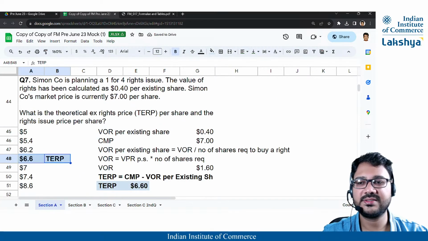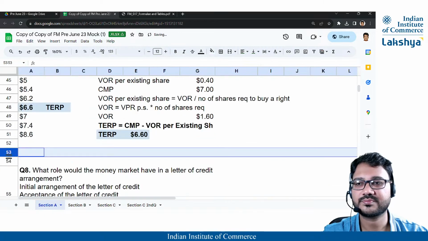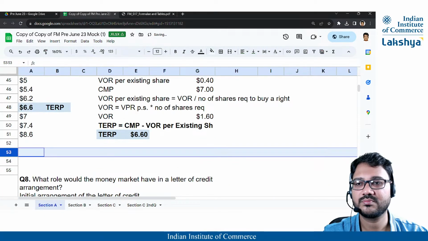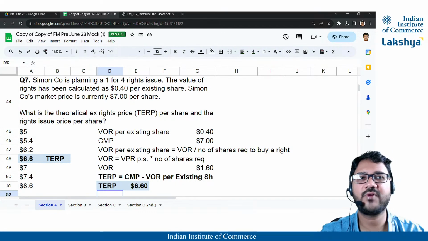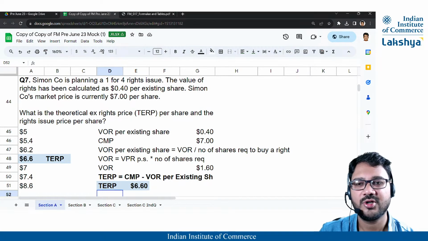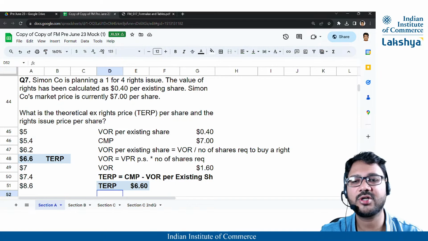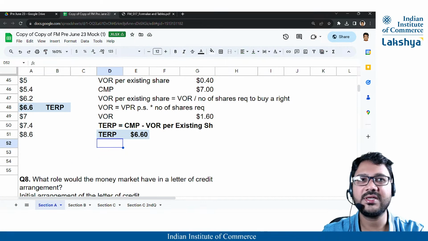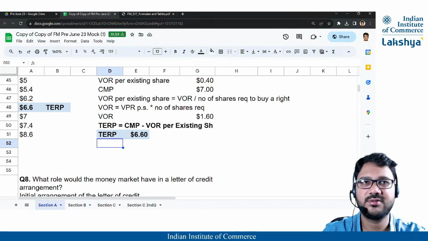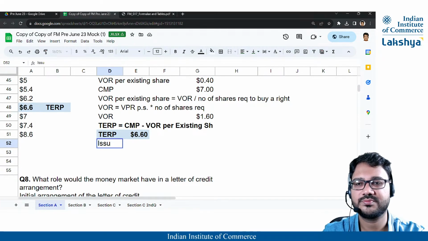All right. Next thing we need to find is the rights issue price per share. Now to find the rights issue price per share, the normal formula, as we know, is TERP equal to issue price plus value of a right.